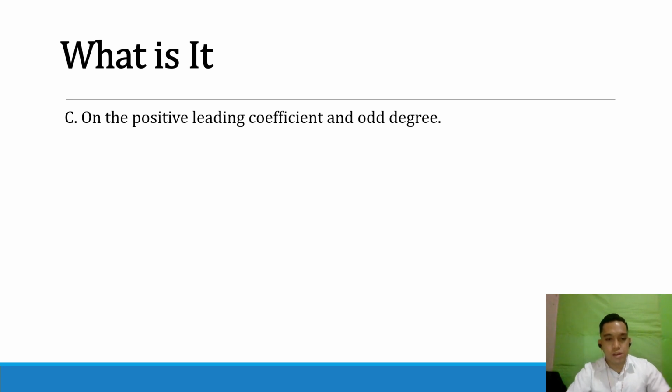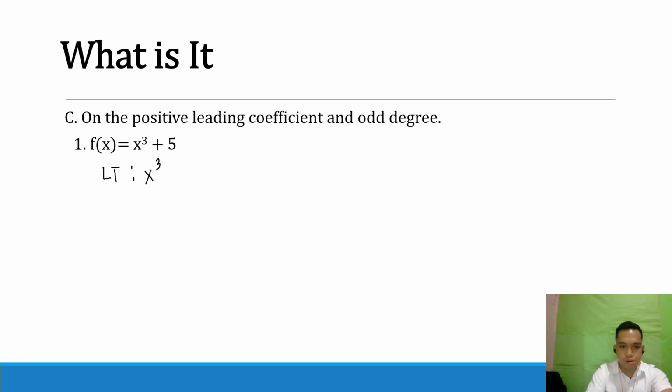Now in letter C, on the positive leading coefficient and odd degree, so we have f of x equals x cubed plus 5. So right here, the leading term is x cubed.